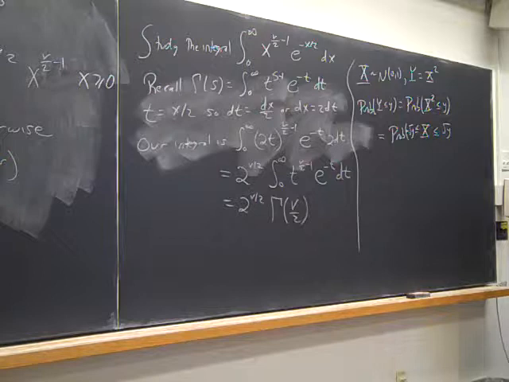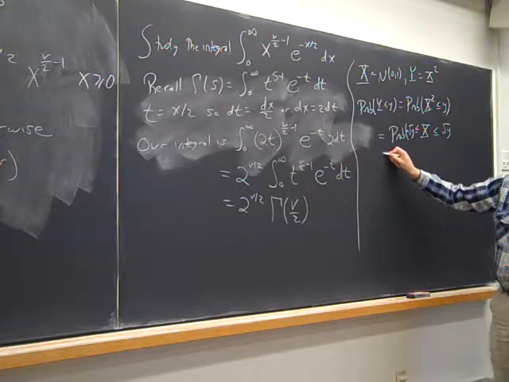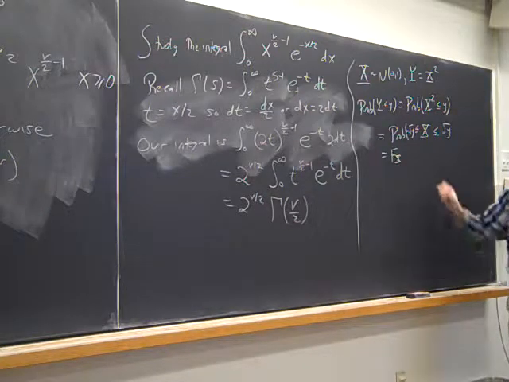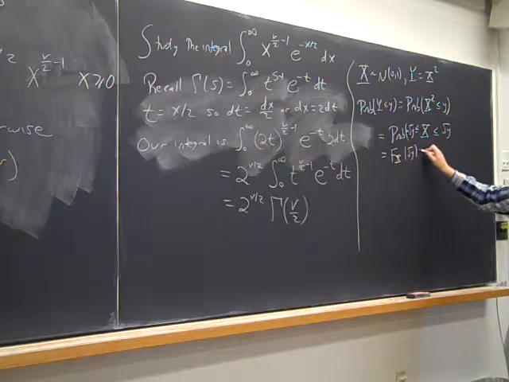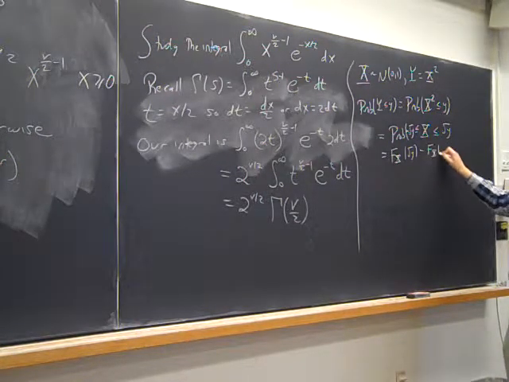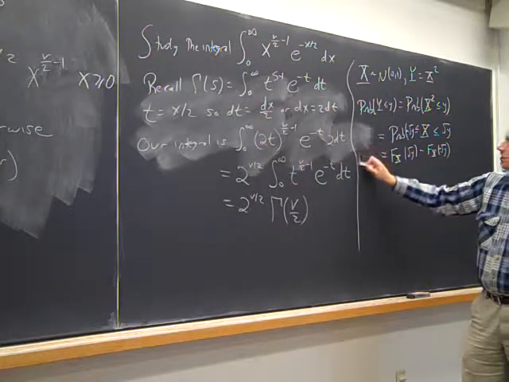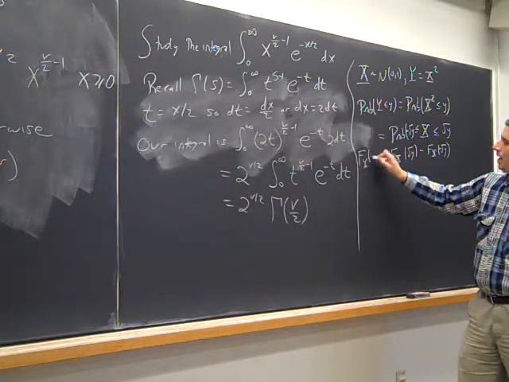Fortunately, we don't need to know this. Whatever it is, let's call it big F of x at square root of y minus big F of x at negative square root of y. And this is just the cumulative distribution function of y.